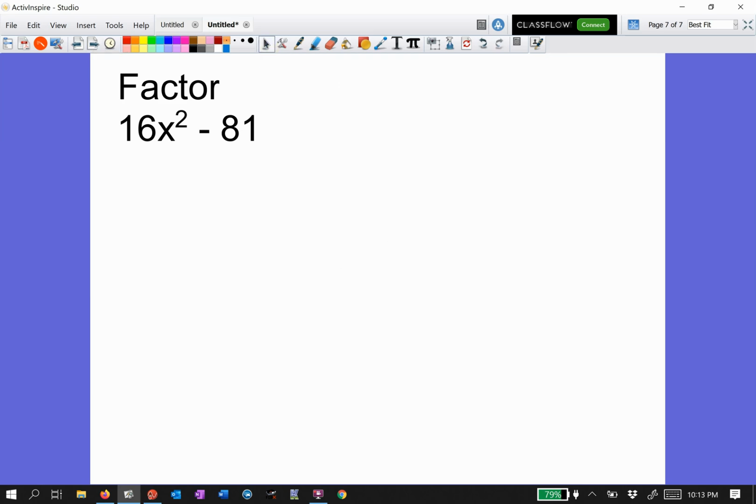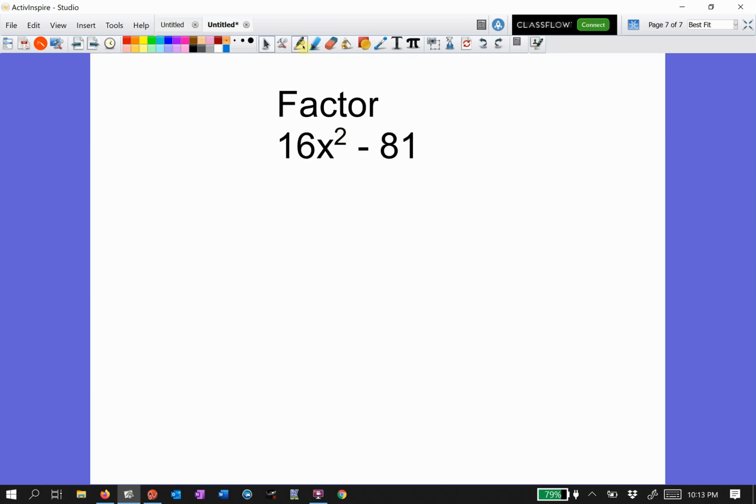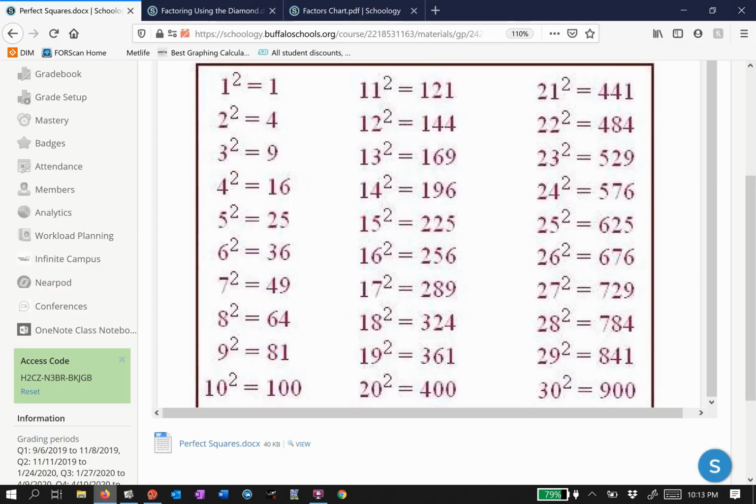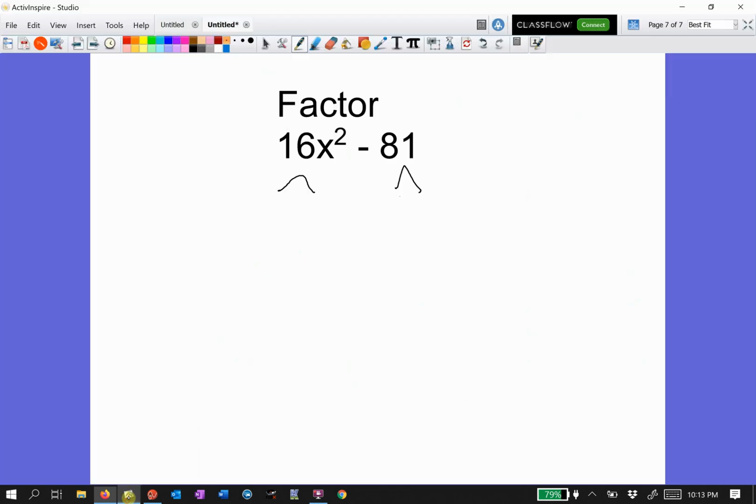We'll do one more, and I will call it quits. Okay, so 16 and 81. 16, let's take a look. 4 and 4. 81, oh, 9 and 9. Great. So we have 16 is 4 and 4. x squared is x and x. 81 is 9 and 9.